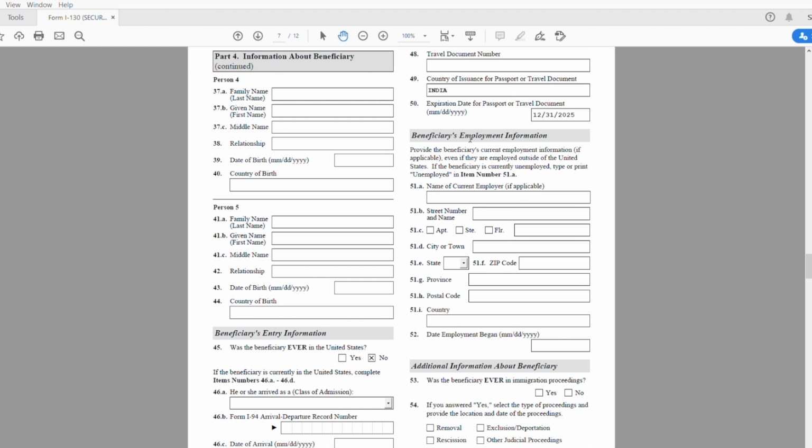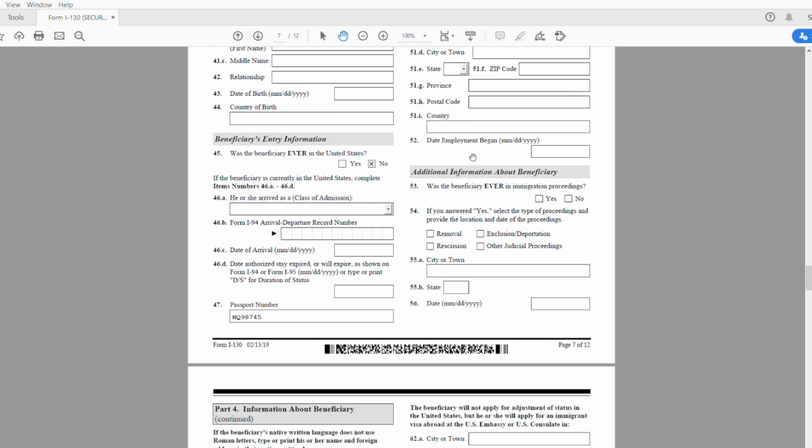If the beneficiary is currently unemployed, type or print unemployed in item number 51A. So here, Mr. Patel's spouse, Pooja, is currently still a student, so we would indicate that she is currently unemployed.